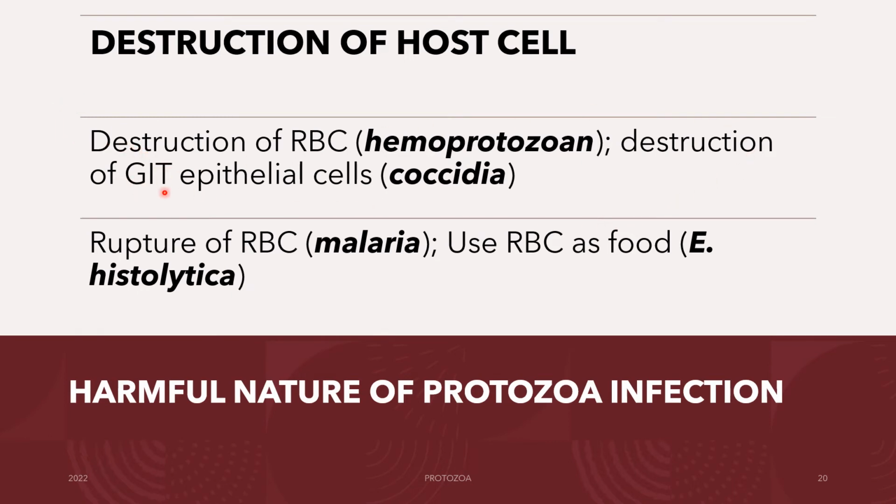Destruction of the GIT epithelial cells can be exemplified by the coccidian species such as Eimeria. Coccidia can cause the rupture of the cells and the blood vessels. The malarial parasites such as Plasmodium can cause the rupture of the red blood cells. Entamoeba histolytica can use the red blood cell as a source of food.